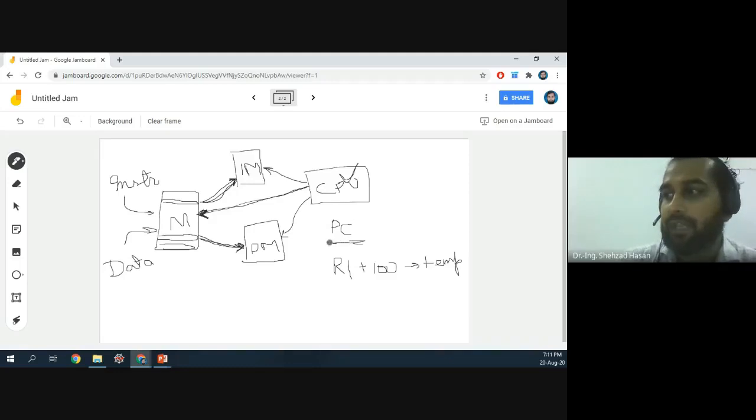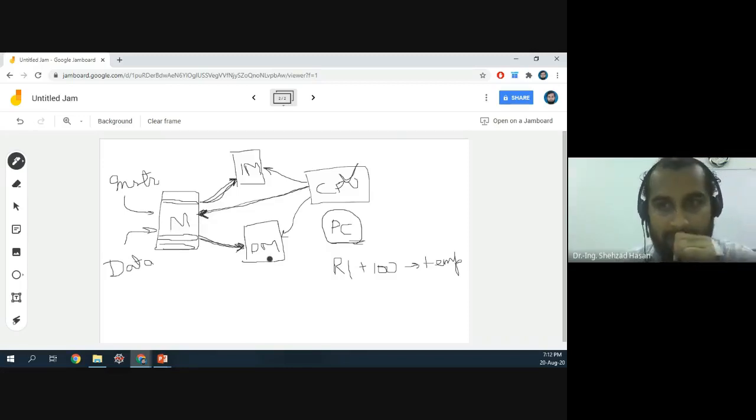So if your address is coming from the program counter, then the returned value, the returned 32 bits, are actually instructions. If any other temporary register is generating the address, then that value is a data value. So this is an easy thing to see.